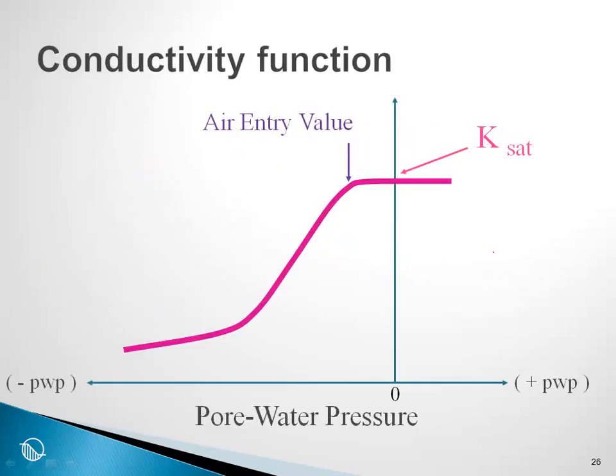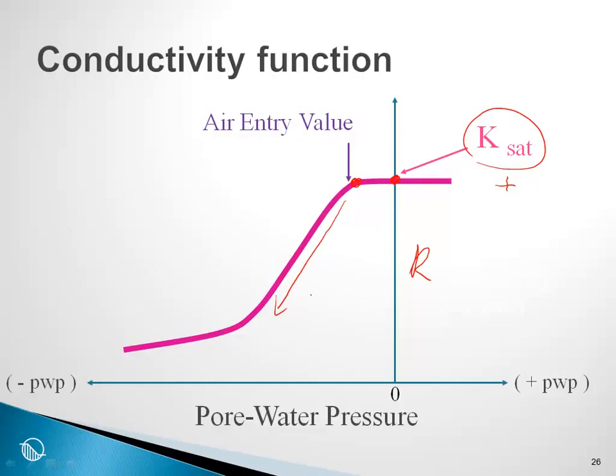So here is the shape. The shape of the curve looks exactly the same, and when we are at zero pressure, or we are on the positive side of pore pressure, we say we have the saturated hydraulic conductivity. The saturated hydraulic conductivity does not change greatly until we have some air that begins to enter the sample, and then the conductivity begins to drop.